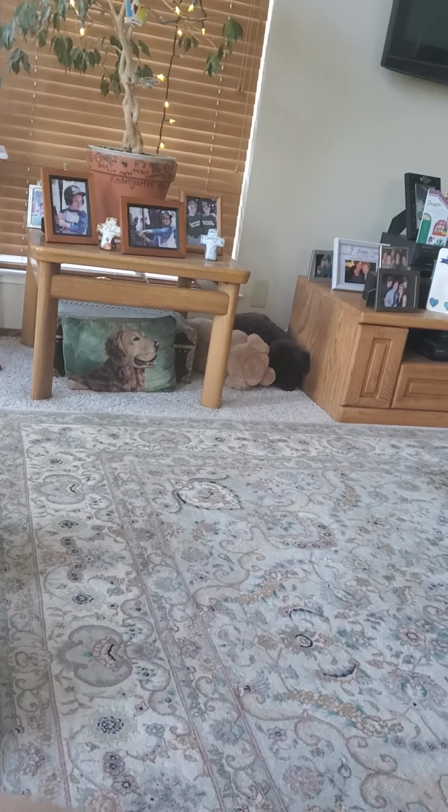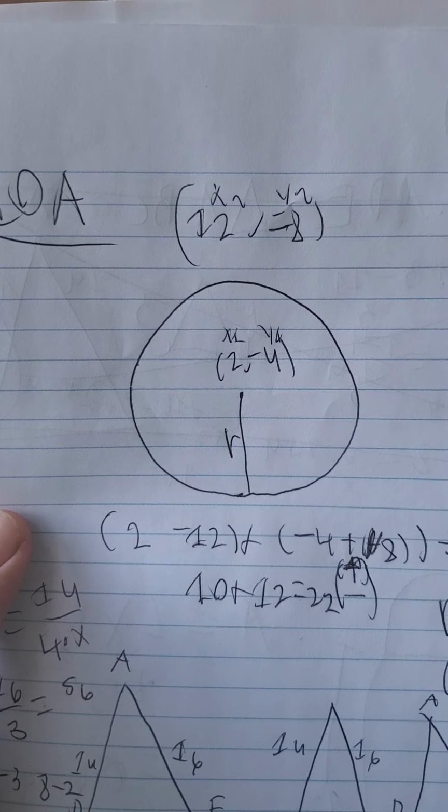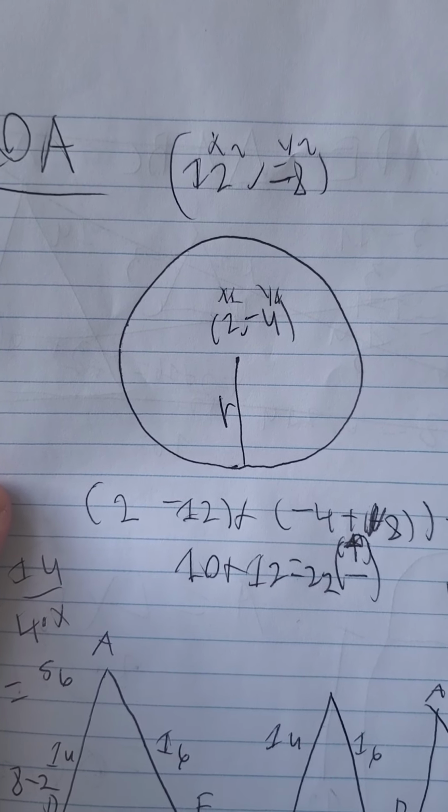The second problem that I did was, hold on, I'm just checking my notes real quick. 10A. So what I did here was basically 2 and negative 4 are x1, y1.